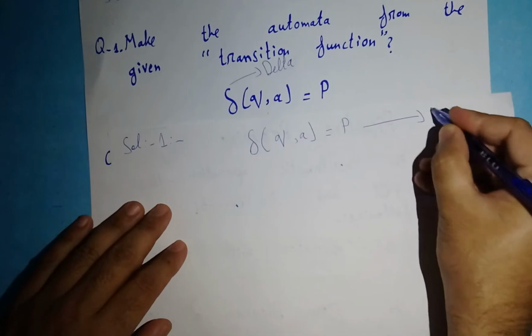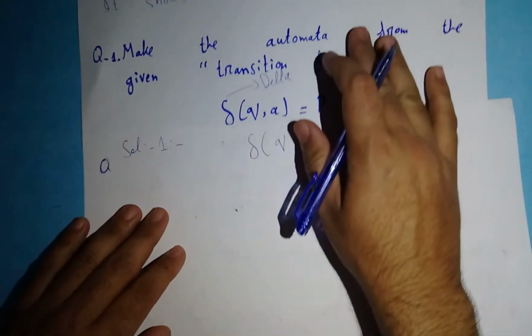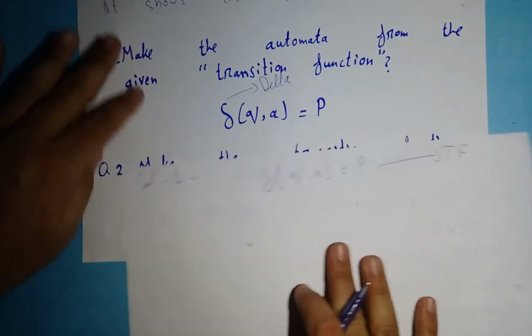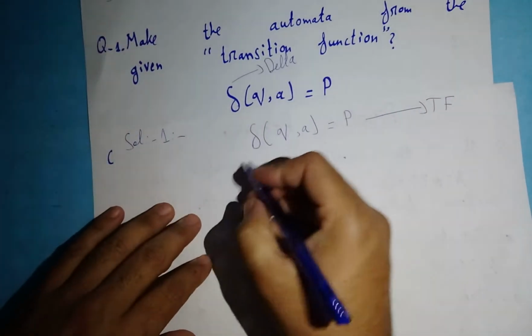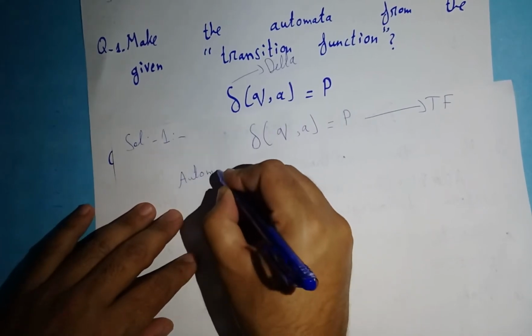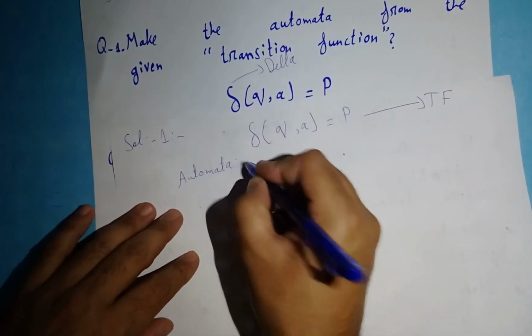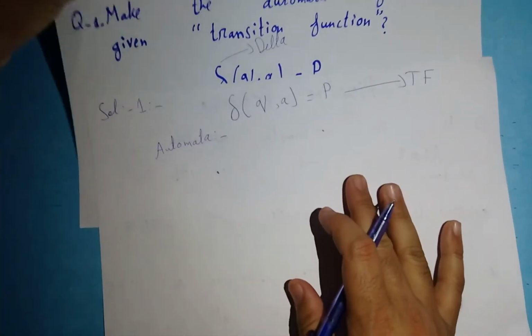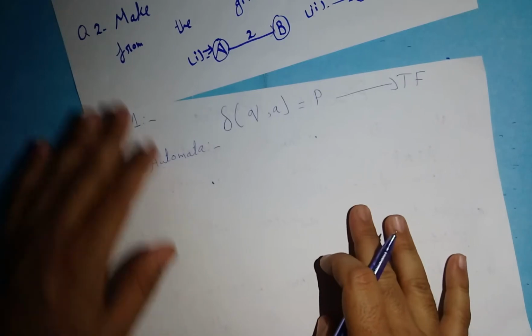Basically this is the transition function. In the question, I have to make the automata from the transition function, so I'm going to give the heading of automata firstly.